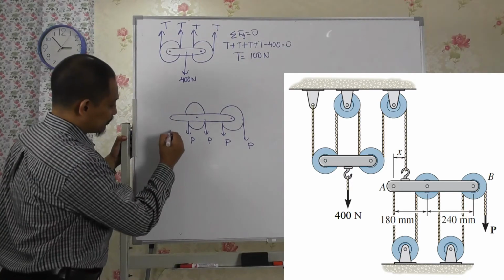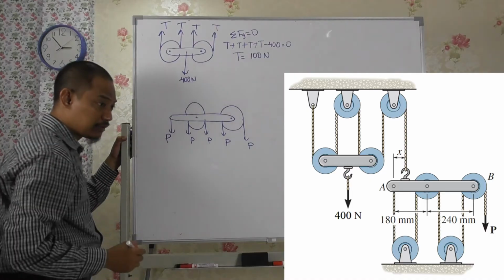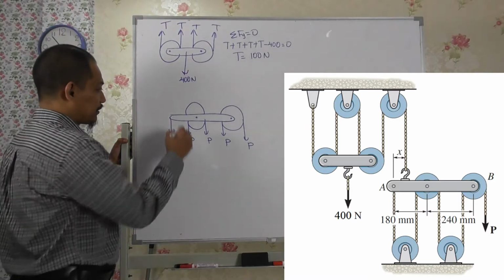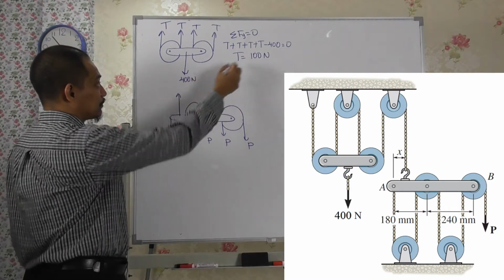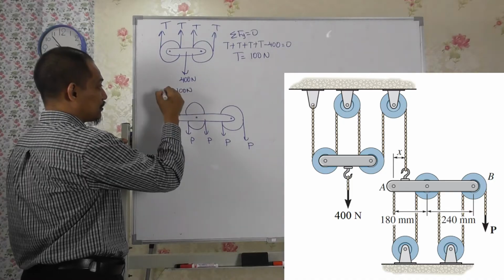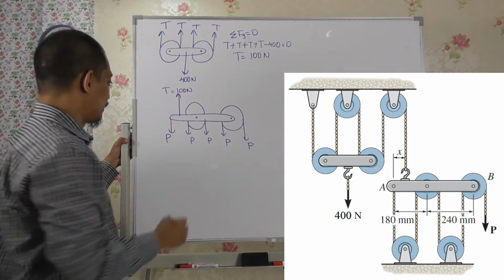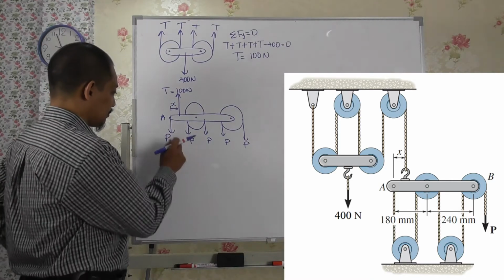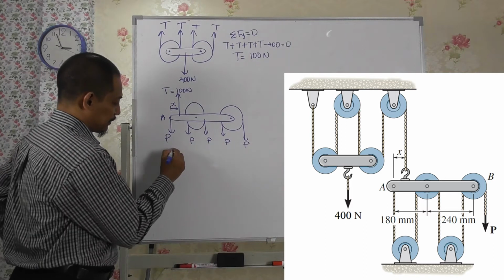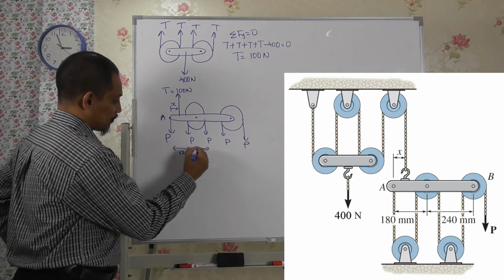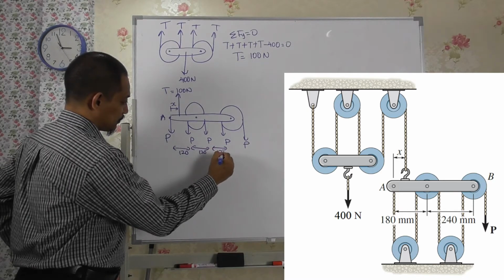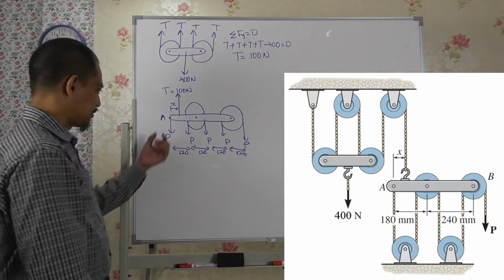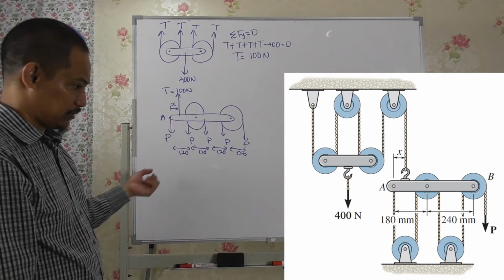Never mind the space, it goes here, so it is P here, right? 1 2 3 4 5. And then we have here T, 100 Newton, and then you have a distance of x here. It says that the radius is 60, right? So all of this is 60, 60. So basically this is 120, 120, 120, 120, right? Because 60 is the radius, so hence this is the diameter, 120.